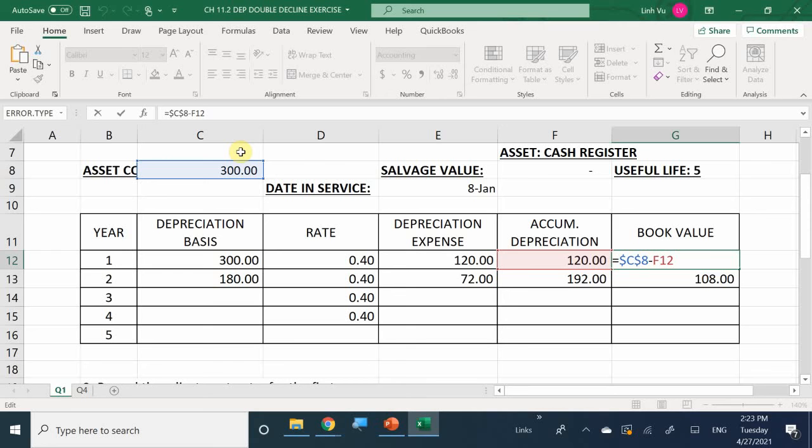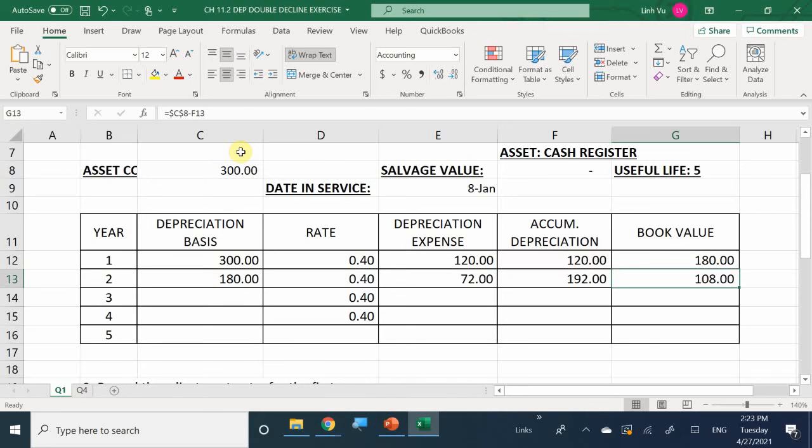Okay. But once again, if you're more comfortable with just typing everything in, you may do so. I think I would just type everything in so I can comprehend it easier. So for example, I could just simply go 300 minus 192. Same thing. The only problem here is that you definitely want to be careful because you can fat finger a lot of the stuff here.